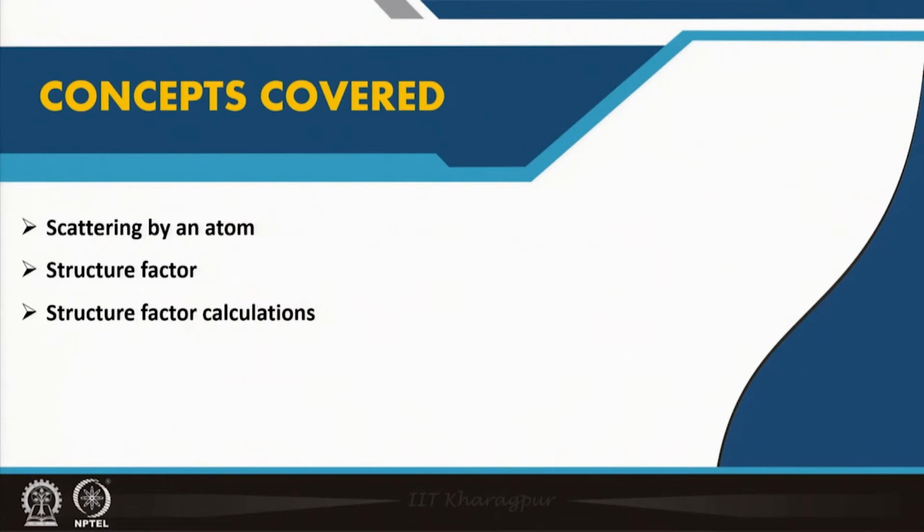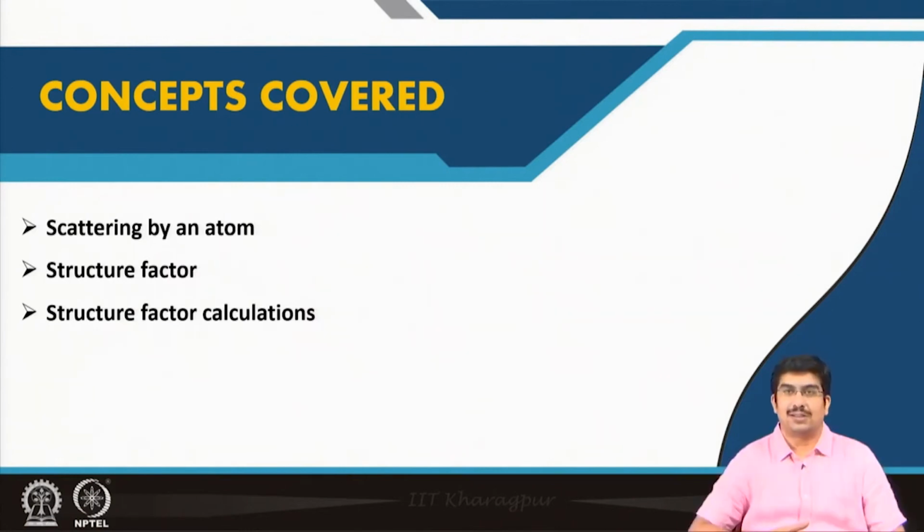So, what we will be discussing now is basically, in the last module we started discussing intensity, and there we have seen the importance of the arrangement of atoms in determining the diffracted beam. Even after diffraction, even after Bragg's law is satisfied, whether we will be getting any intensity after diffraction or not is somehow related to the atomic arrangement within the unit cell or within a crystalline material.